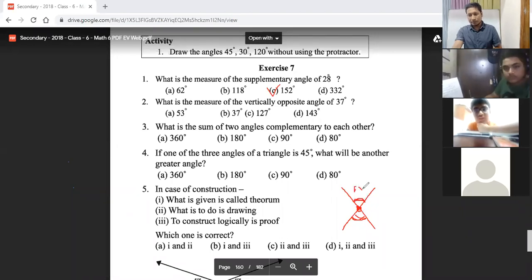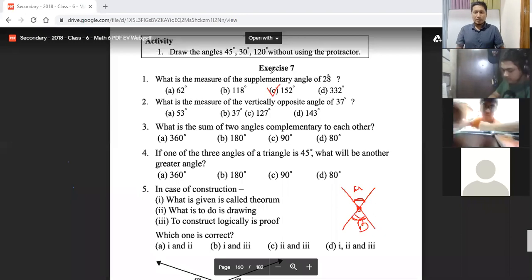Suppose this is angle A, and this is angle B. Angle A and B are called vertically opposite angles. The 4 angles created at the intersecting point, the alternate 2 angles are vertically opposite to each other. Thank you, Nafis, for your good response. So its answer will be 37 degrees, and answer B is correct.